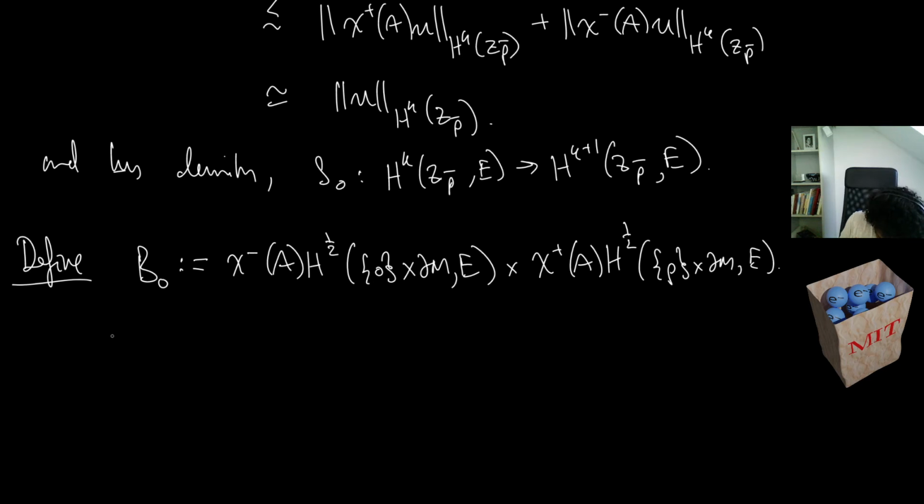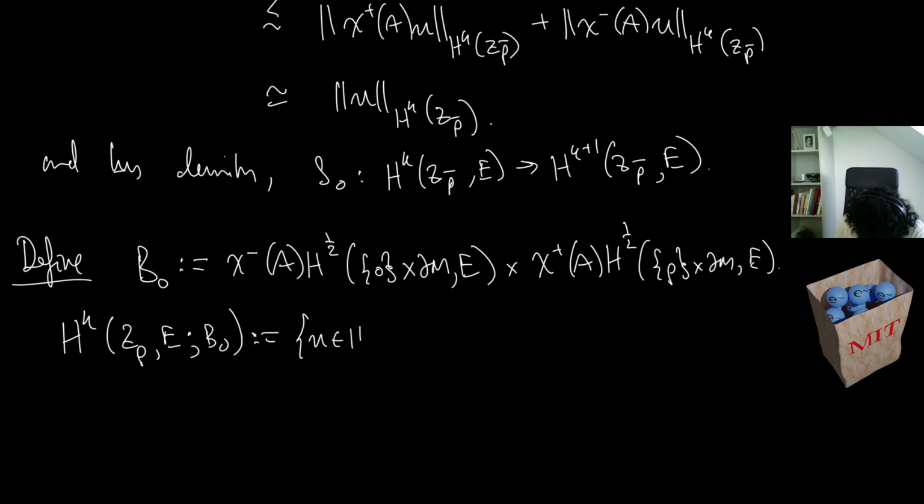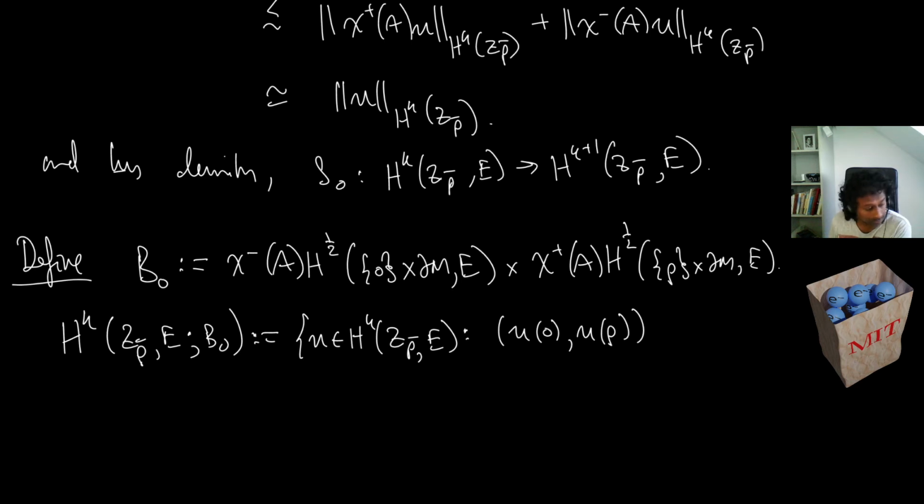Then define Hk of Z rho E taking values in B naught to be equal to the u in Hk of Z rho, there's a closure here, E such that u naught, u rho is in B naught.